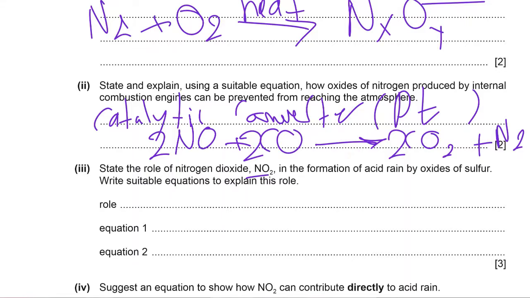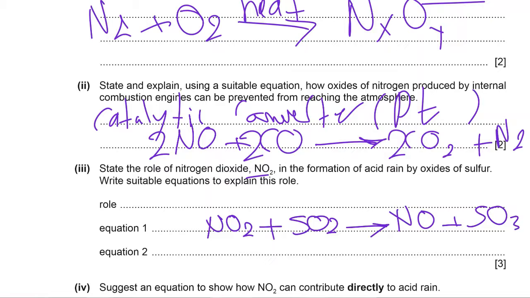Here the nitrogen dioxide, when we react it with oxides of sulfur, for example SO2, you will form nitrogen monoxide plus sulfur trioxide.